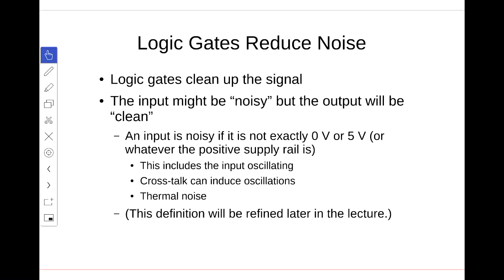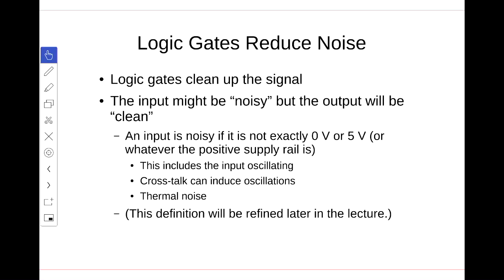Yeah, okay. So you remember in your mid-semester test, one of the multiple choice questions was along the lines of digital systems are robust to noise. That's what we mentioned early on in this course. One of the advantages over analog systems is that digital systems are robust to noise. That means precisely that the input might be noisy, it might fluctuate a bit, but the output should be very clean.